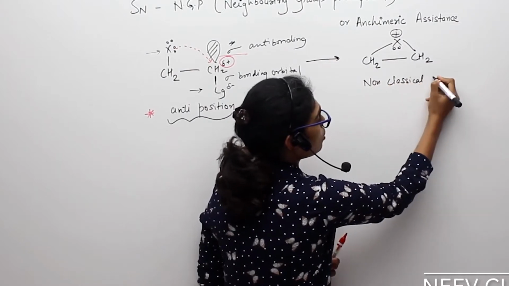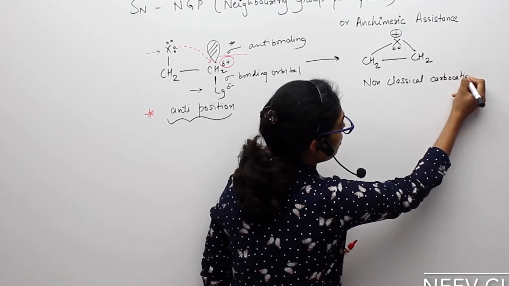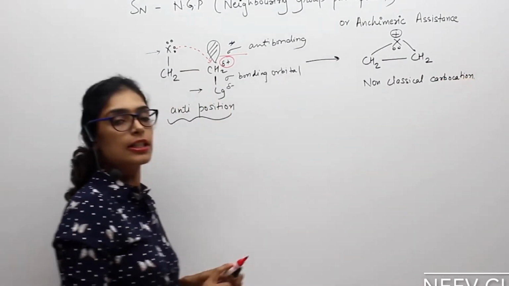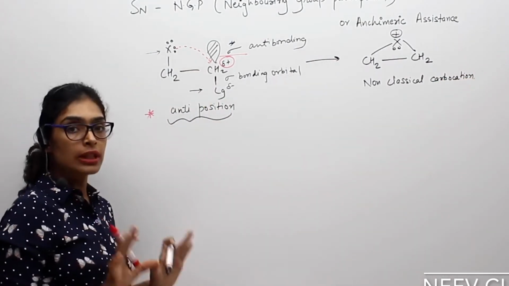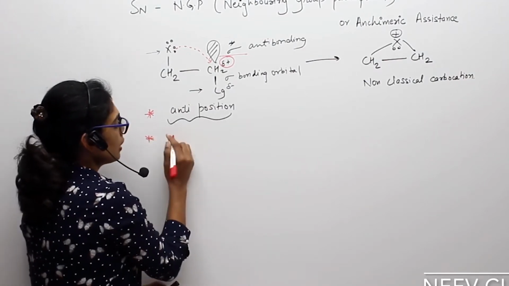Because the formation of a non-classical carbocation is happening, this reaction rate is very fast. This reaction rate is nearly 1000 times faster than SN1 and SN2.